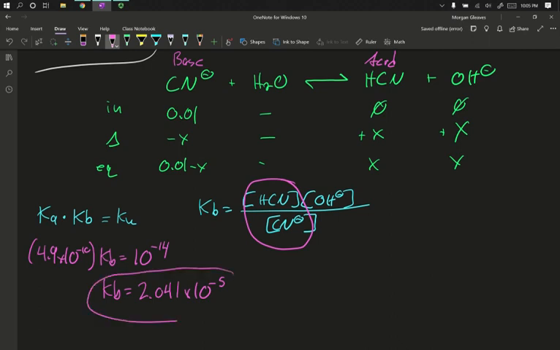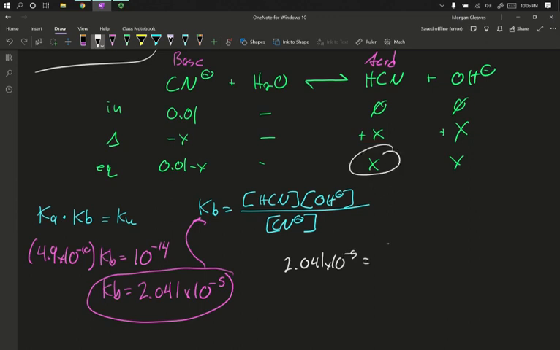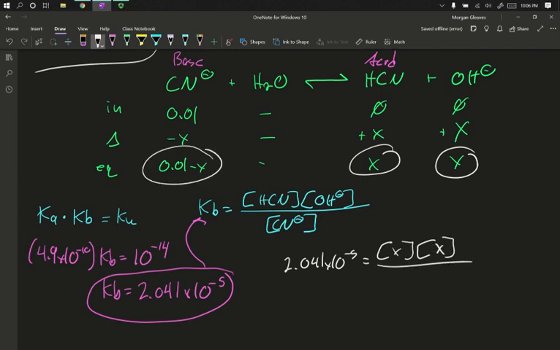And so we can solve the Kb that we need to plug in to be able to finish our equilibrium calculation. Now that I have Kb, 2.041 times 10 to the minus 5 must equal our HCN concentration, which is X, our hydroxide concentration, which was X, all over our starting material, our cyanide, which was 0.01 minus X. In this case, 10 to the minus 5 versus 10 to the minus 2 for our concentration.